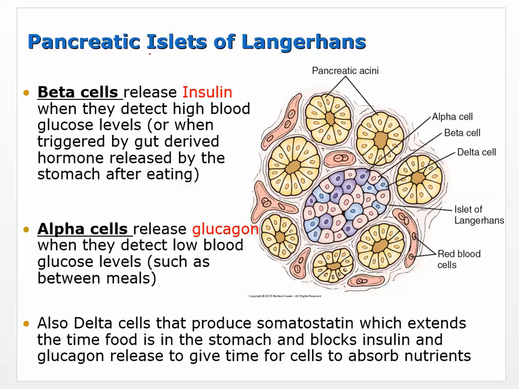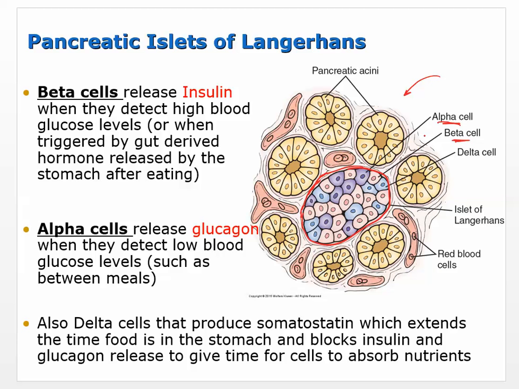So if we look at these little islets, this is a pancreatic islet of Langerhans, and you can see the outline of it here. Packed in there are these things called alpha cells and beta cells.